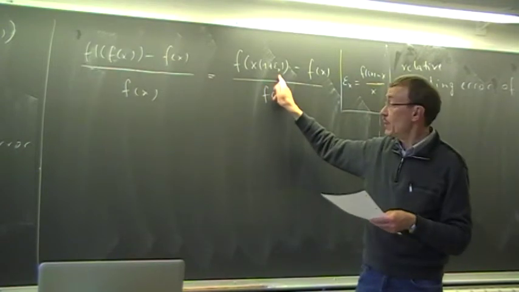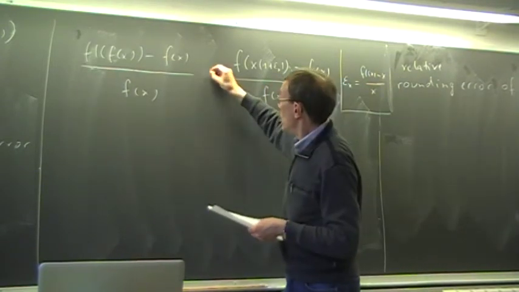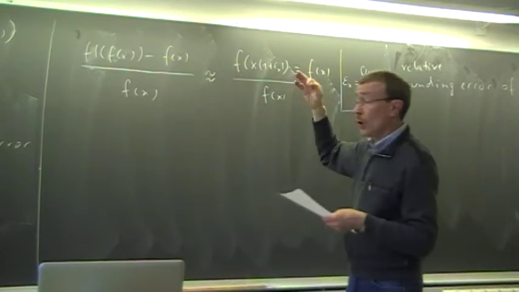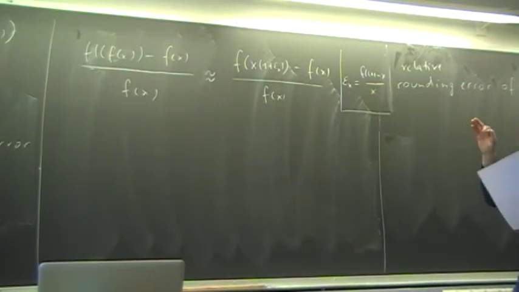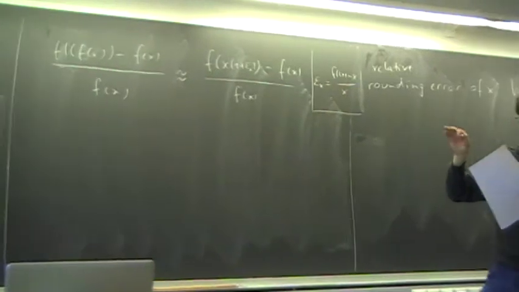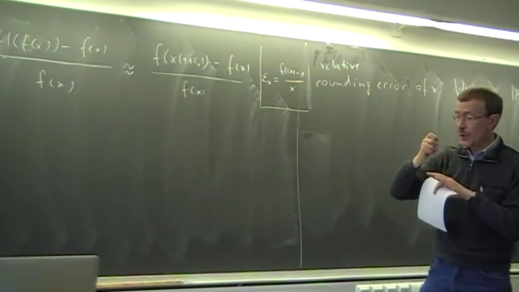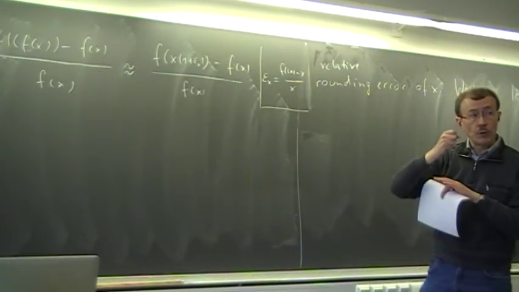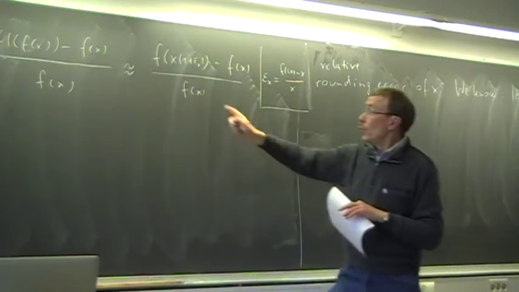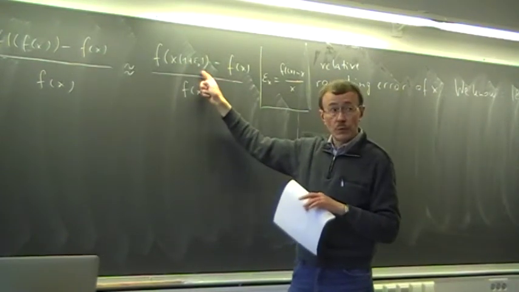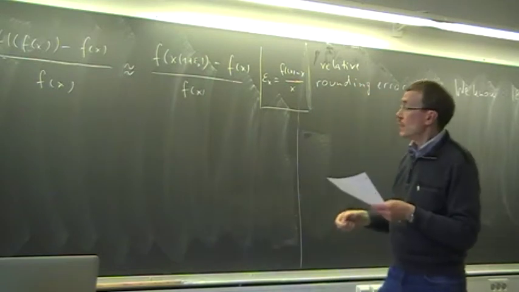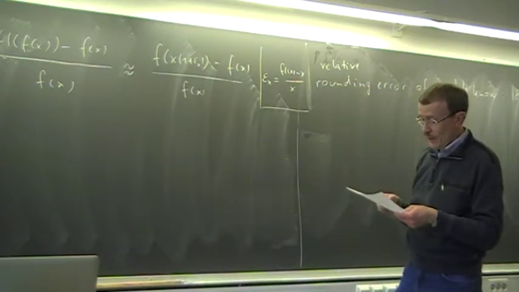So this is an approximation. Because when we compute the f, we will also have floating point errors. But here we only concentrate on the consequences of computing the function f with a floating point, not with the exact x. So that is then the approximation that we do here.